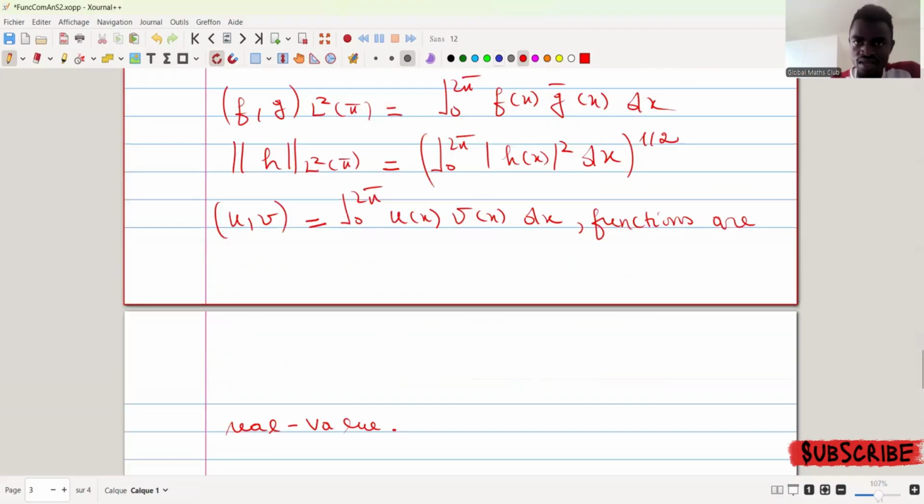Now, if we take the data that was given, the first thing is to compute the inner product between f and g.